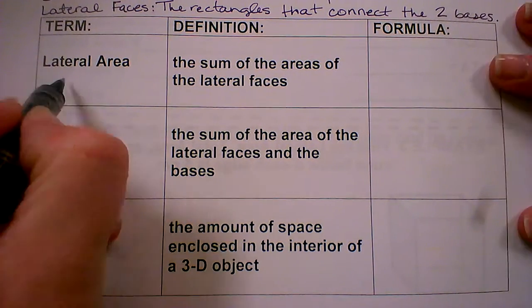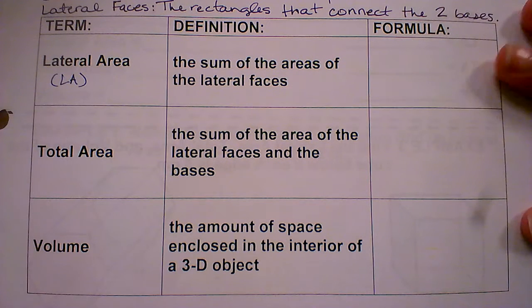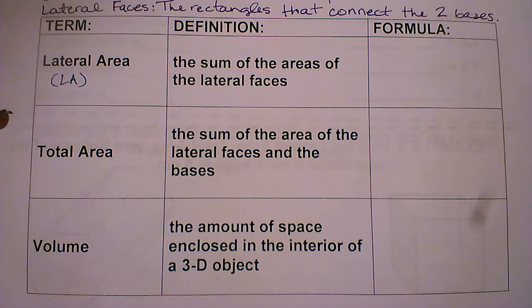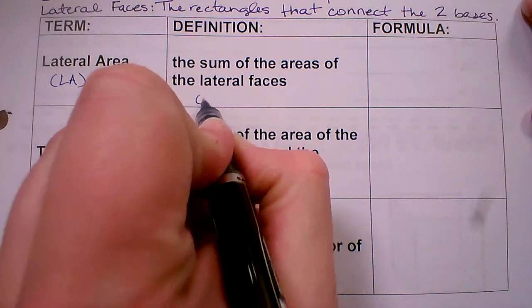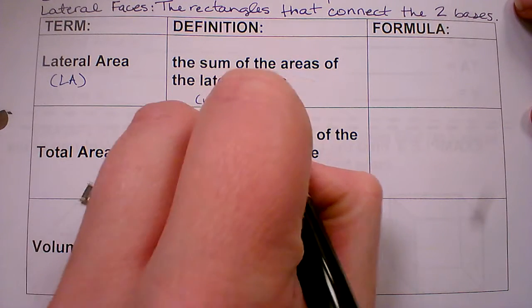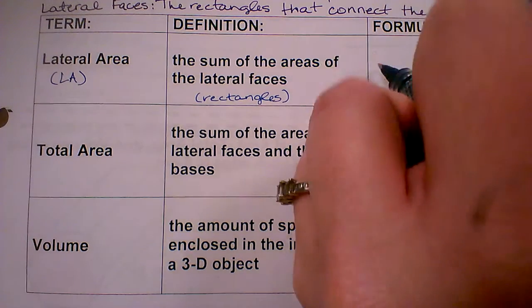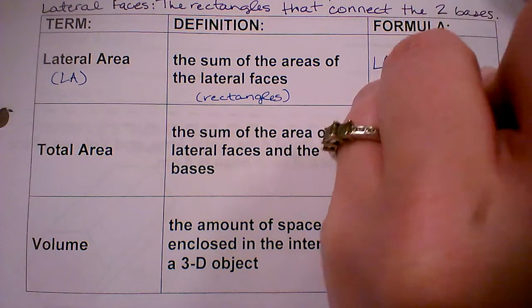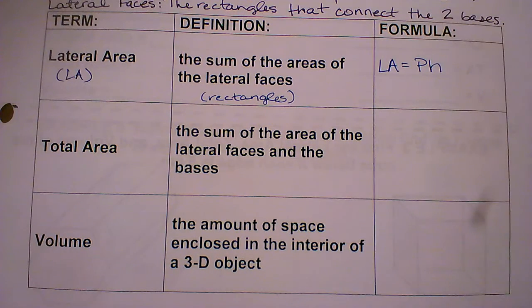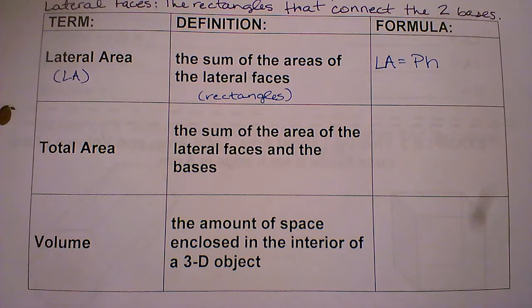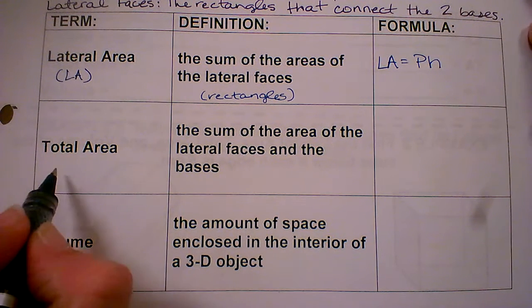Lateral area we'll abbreviate as LA. The lateral area is just the area of those lateral faces, so just those rectangles that connect the 2 bases. The formula is LA equals P times H. We'll talk more about what P and H stand for in just a little bit.